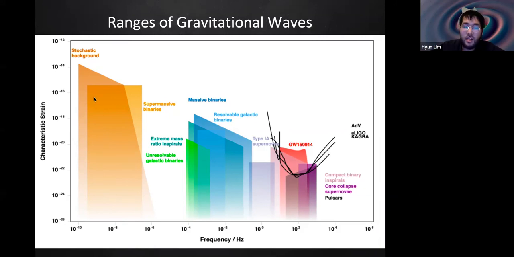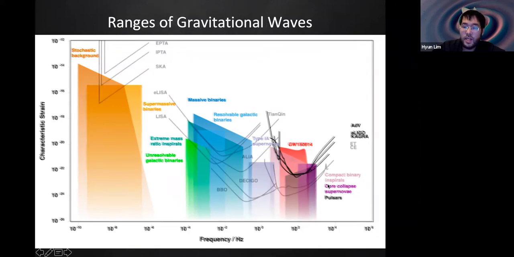And at lower frequency bands there are supermassive black hole binaries, with millions or billions of solar masses, binary and merging. Or more astrophysically relevant phenomena like two galaxies merging with each other. And again, I just put Virgo, LIGO, and KAGRA here, which can only focus on this type of signal.